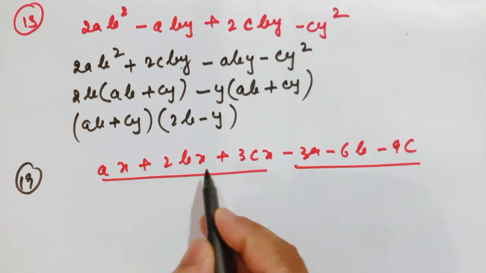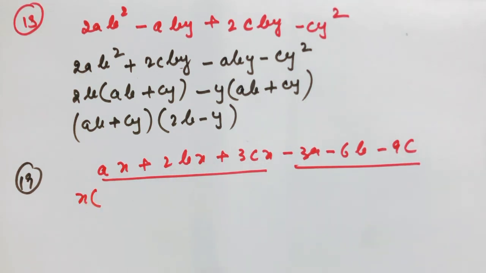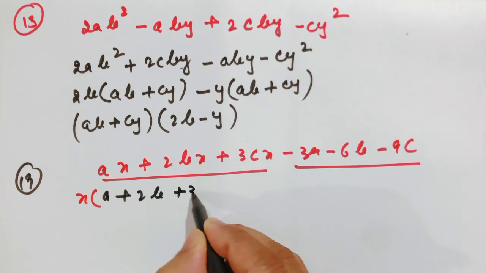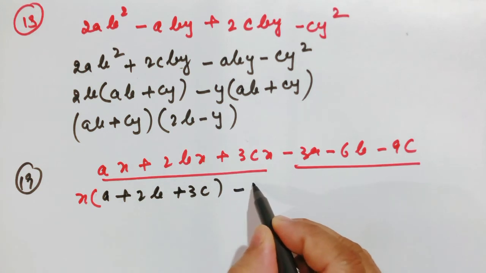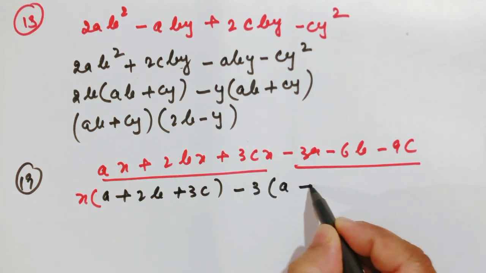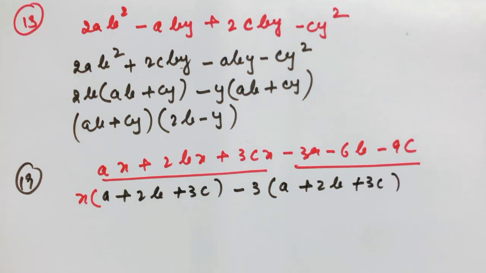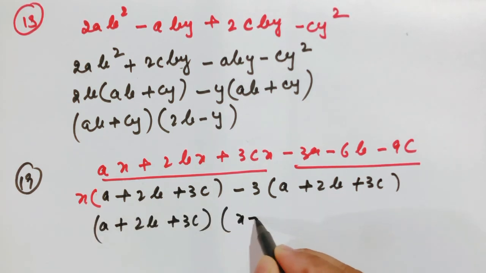So here when you take x as common from these three, you will be getting a plus 2b plus 3c. और यहाँ पे when you take a minus 3 as common, you will get a plus 2b plus 3c as common. यानी कि a plus 2b plus 3c when taken as common, you will get x minus 3. एकदम बढ़िया रहा है जी.